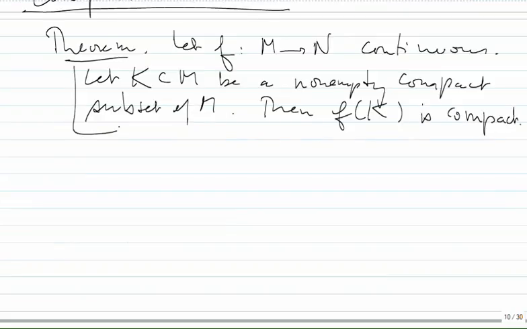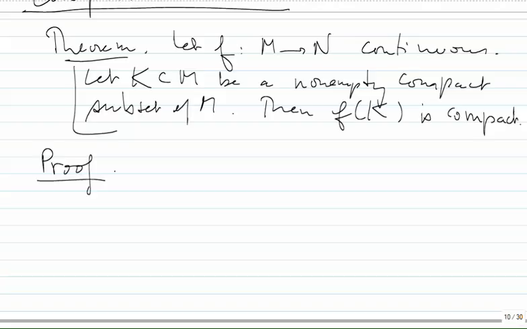So the image of a compact set is compact. To prove this, we can use open covers. In other words, this result can be extended to topological spaces. But in the metric setting, the proof is very nice and very quick using the sequential characterization of compact subsets. So, proof.